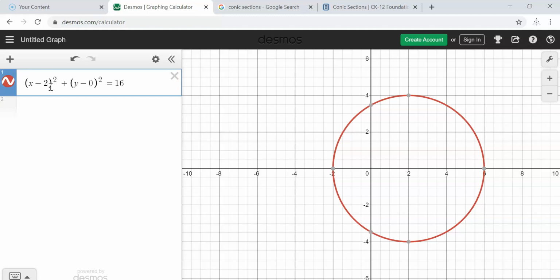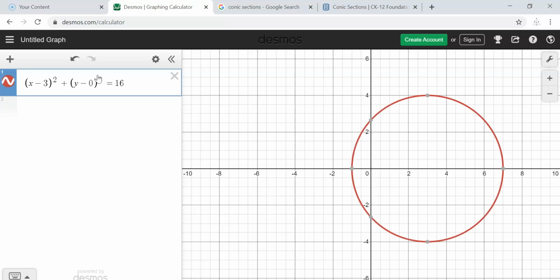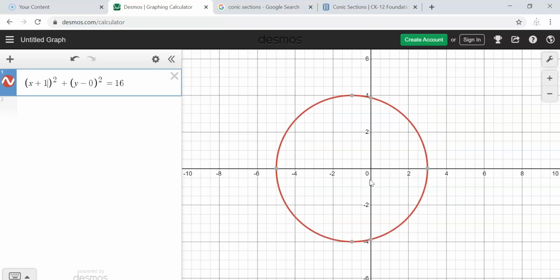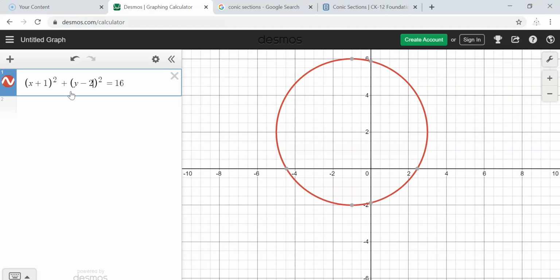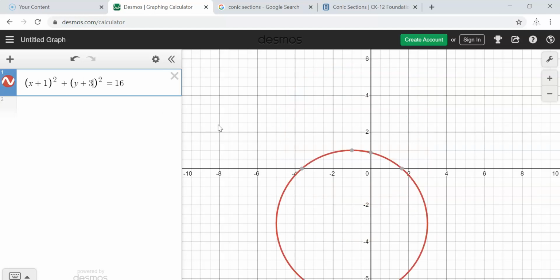And then obviously, if we change this, we can do x minus 3. That would center our circle at 3. If we did x plus 1, we'd center the circle at the point (1, 0). Obviously, we can change y values too. Y minus 2 there, or if you add 3, it moves down 3.